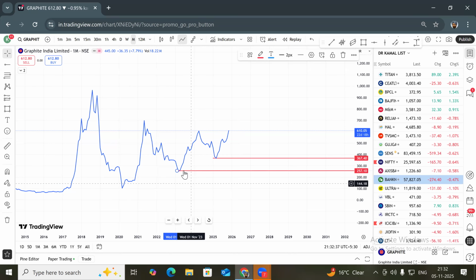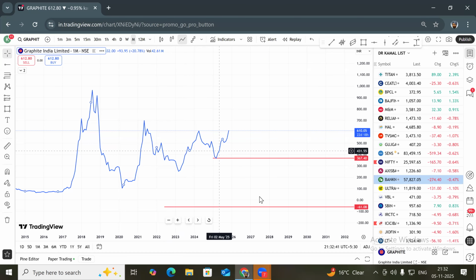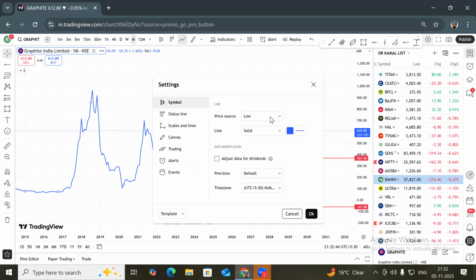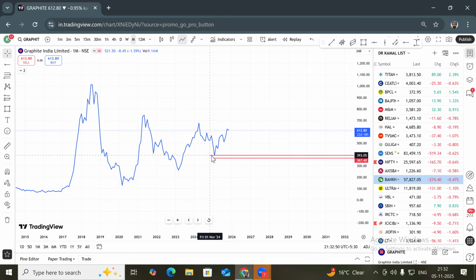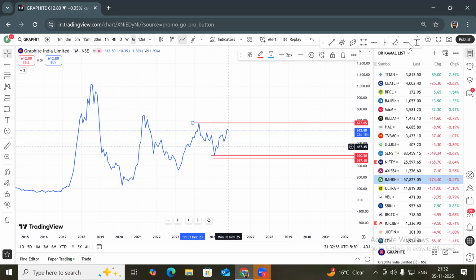So we will just pull this line down, and now we will convert this line into the close. This is your point, sir, and this is your one support level coming.